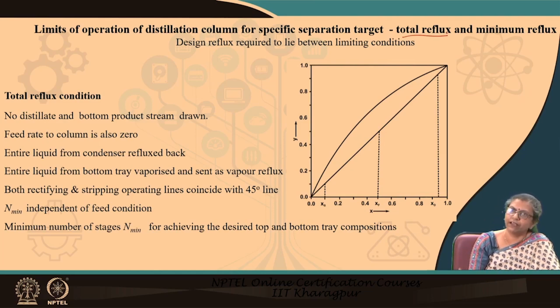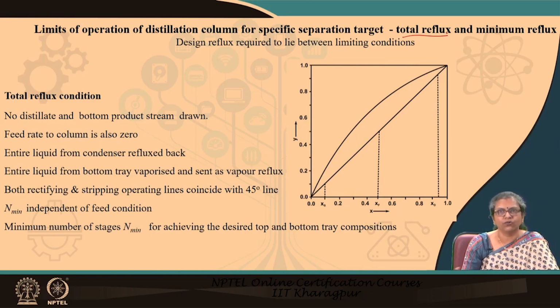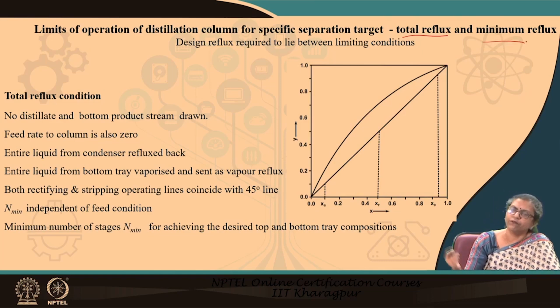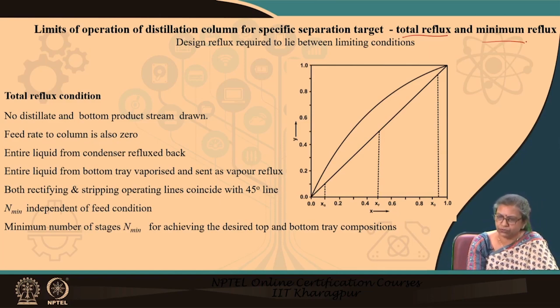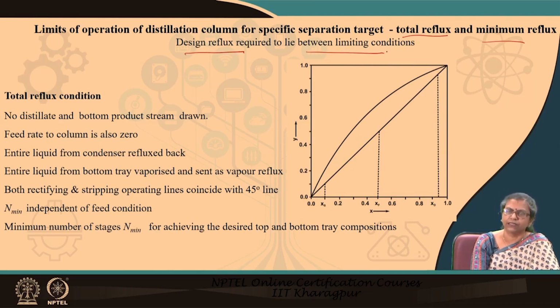Quite naturally, it is very evident that the entire liquid from the condenser is introduced into the column as reflux, and we are not drawing any product. What is the other extreme? The minimum reflux condition, where we almost do not introduce any particular reflux into the column, right. And the design reflux will always lie between these two limiting conditions.